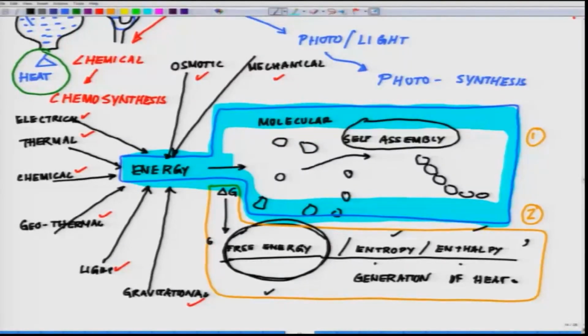If free energy is negative, it means it will happen spontaneously, and if free energy is positive, it means you have to put energy into the system.